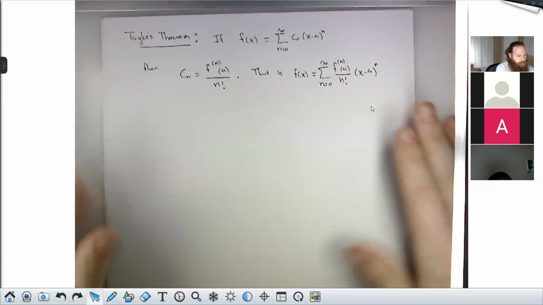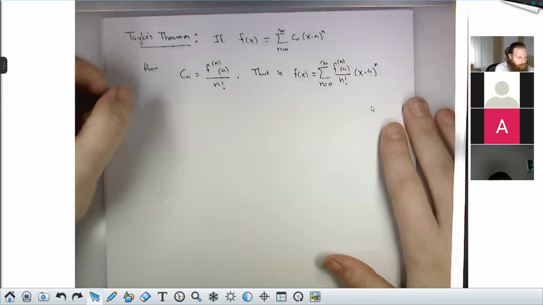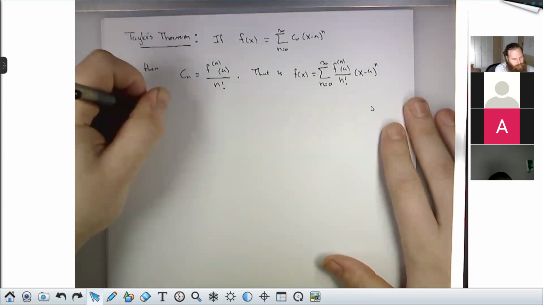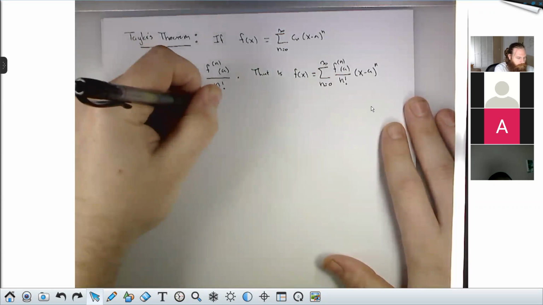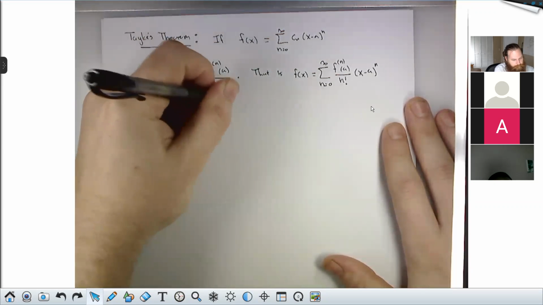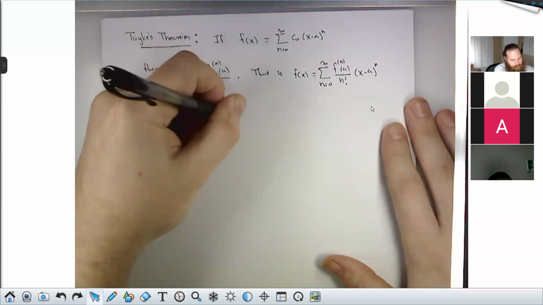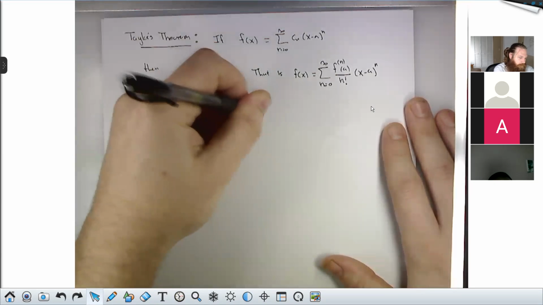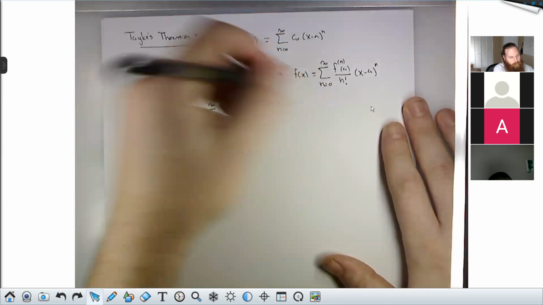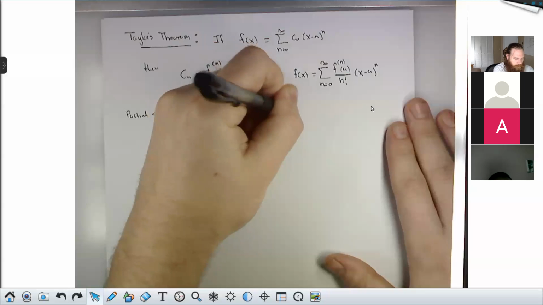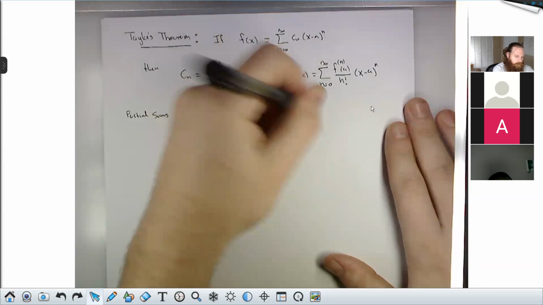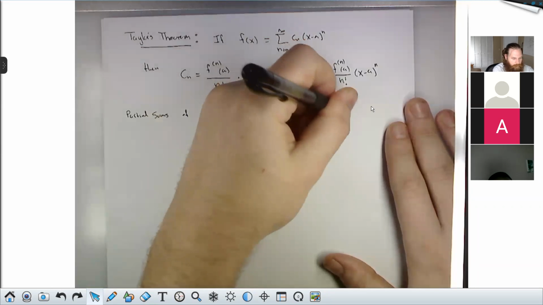Let's look at the partial sums. I'm going to call the partial sums of this series Tn of x.